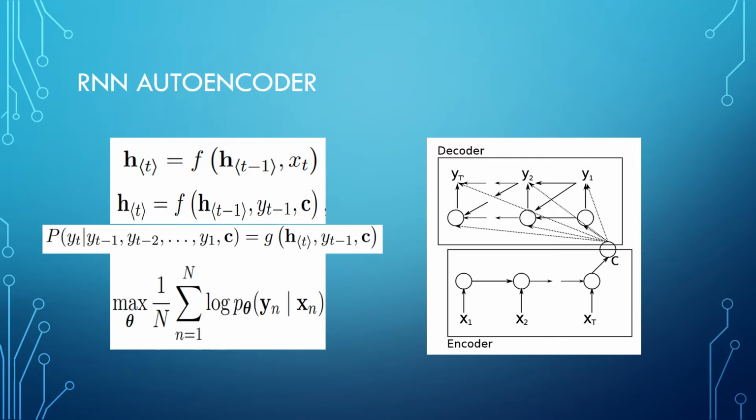In my code, I used an Adam optimizer to estimate the model parameters. Once the RNN autoencoder finished training, it can be used to generate a sentence in the target language given an input sequence in the source language.